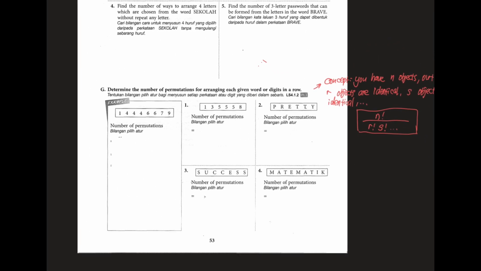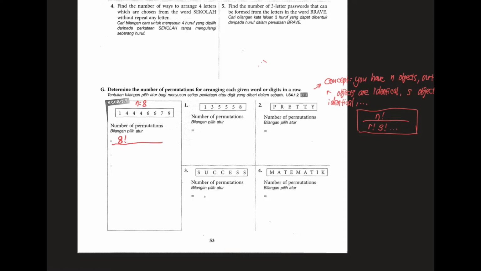You see how many objects are there all together? So let's count. 1, 2, 3, 4, 5, 6, 7, 8. So we have 8 objects, so n equals 8. So we put 8 factorial on top. That's the formula, right? n factorial.